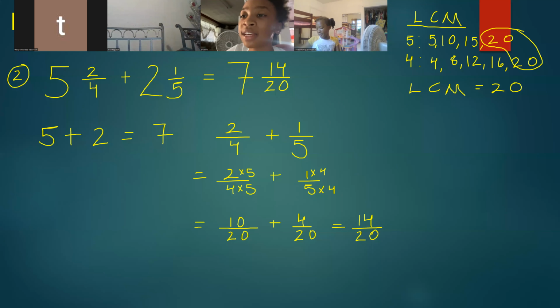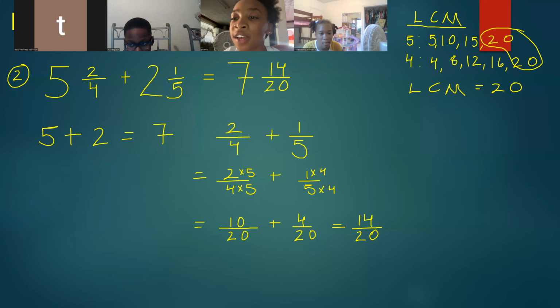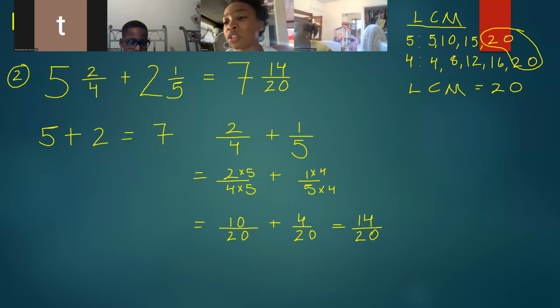And then we say 4 times 1 equals 4. So we put the 4 down, and now we can add. We say 4 plus 10 is 14. So the 14 is the numerator, and we do not add or subtract the denominators.